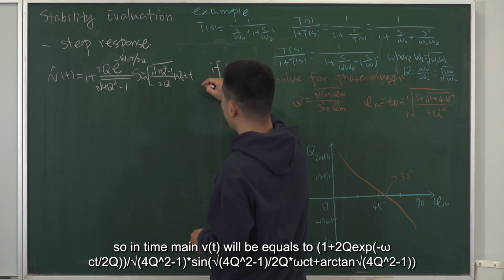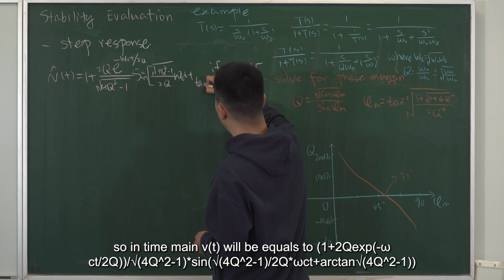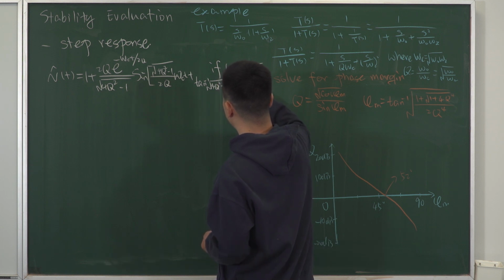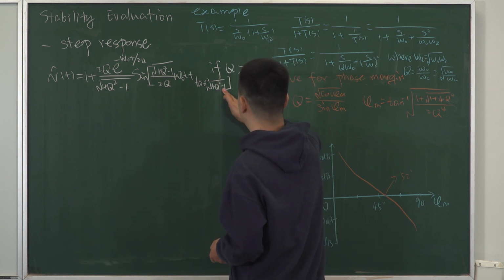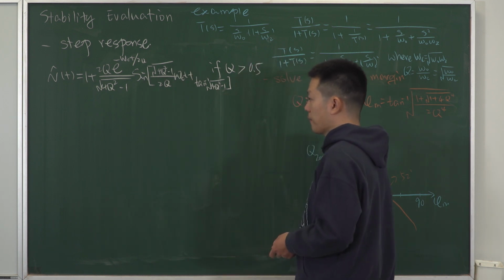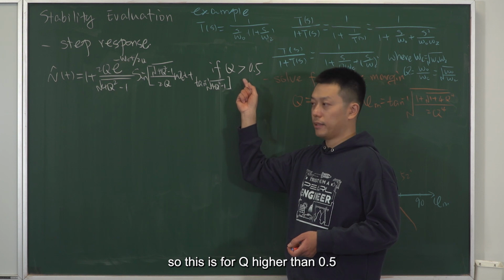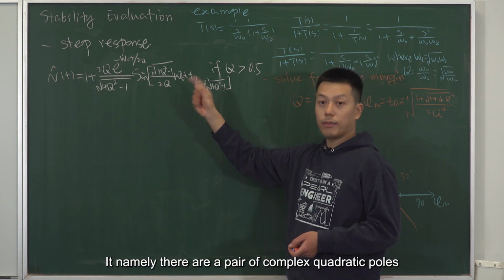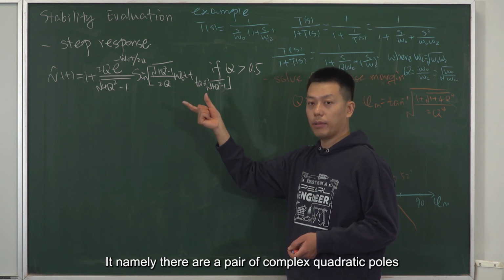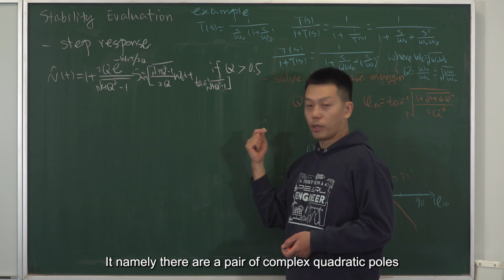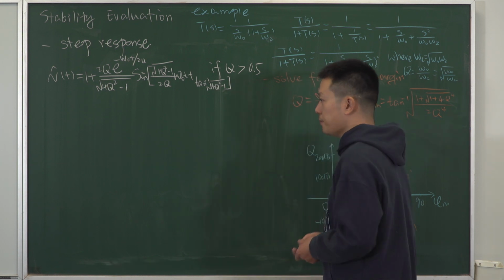plus arc tangent square root 4Q squared minus 1. So this is for the Q higher than 0.5 case. Namely, there are a pair of complex quadratic poles, right?